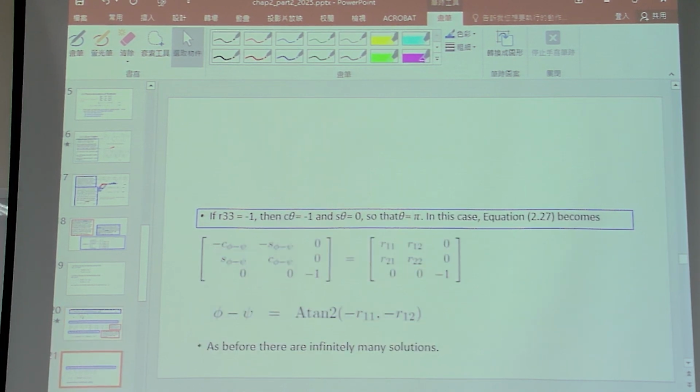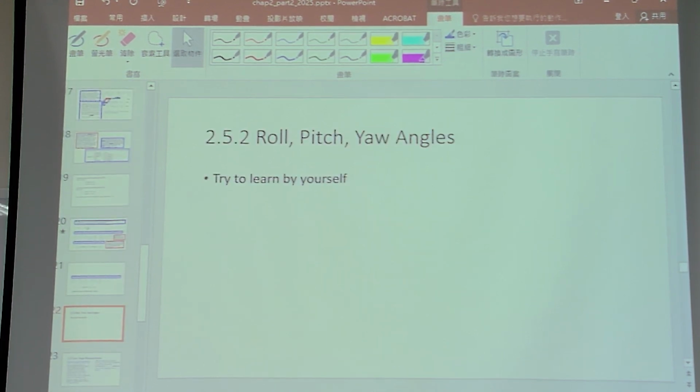So it will be safer if you input the angle by yourself. Don't input a 0. Don't try to find trouble by yourself. Then you can learn the concept of what the inverse calculation is.